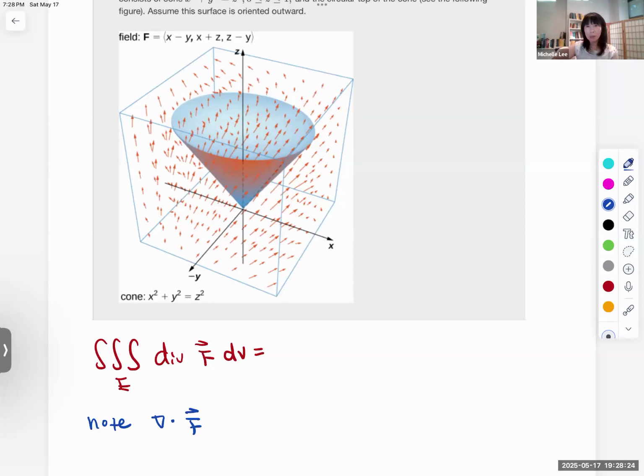With the formula it's much easier: the partial derivative with respect to x of the P component, the partial derivative with respect to y of the Q component, and the partial derivative with respect to z of the R component.